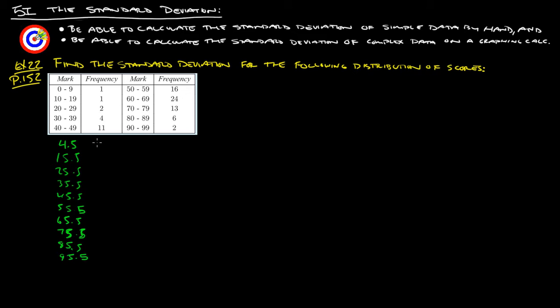Okay. So we have all those, and then we're going to put our frequency next to it. 1, 1, 2, 4, 11, 16, 24, 13, 6, and 2. And I'm just getting all that data from right here.